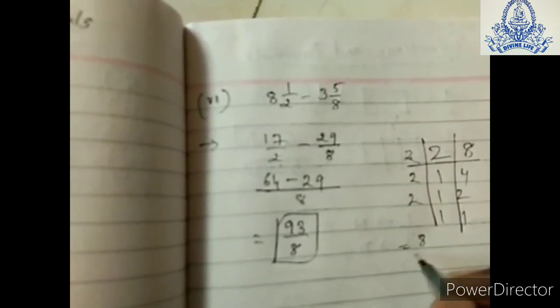So your LCM is 8. So you are taking LCM 8. In 2's table 8 is coming at 4. The same 4 we have to multiply by 17. 17 4s are 68. We have to take it, and in the same way 8's table is coming the same, so we will take 29. So whatever the number we are getting, after subtraction we have to get this number.